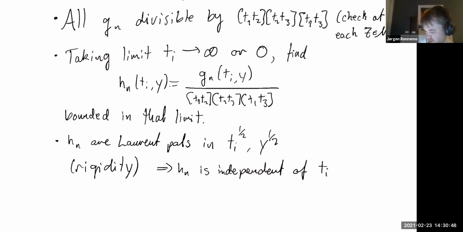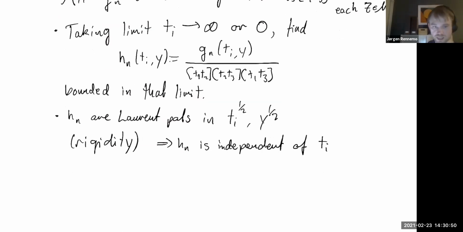So really h_n is now just a polynomial in y. Okay, so summing up all the steps, where are we now?